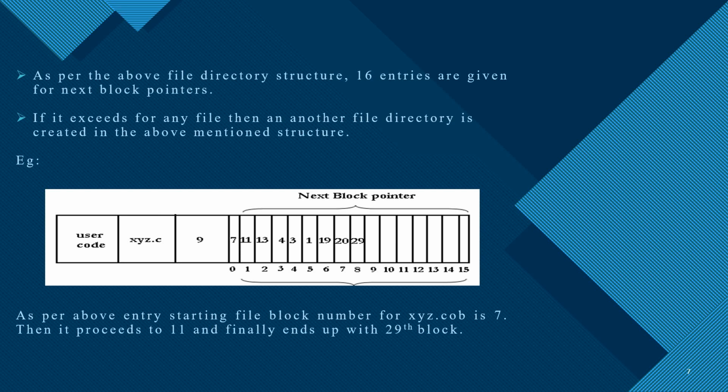So first it goes to block number 7, then proceeds to the 11th block. After the 11th block is completed, it proceeds to the 30th block and then to the 4th. So the main advantage of the index file is that the next block to be referred to is given, so the searching time is reduced.